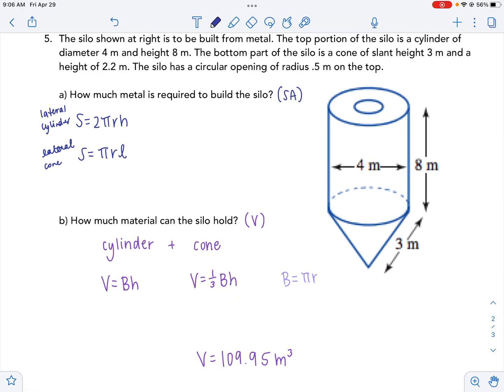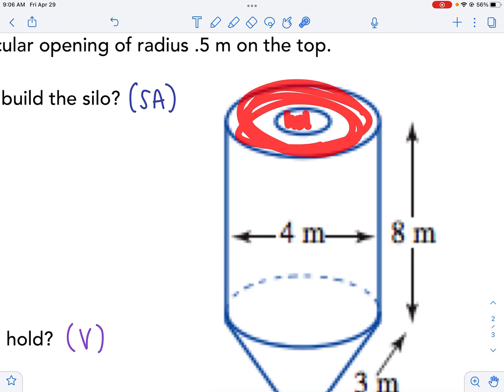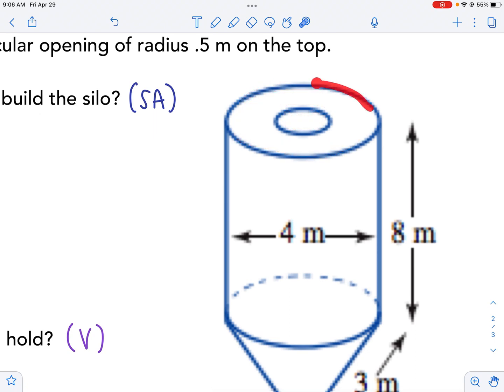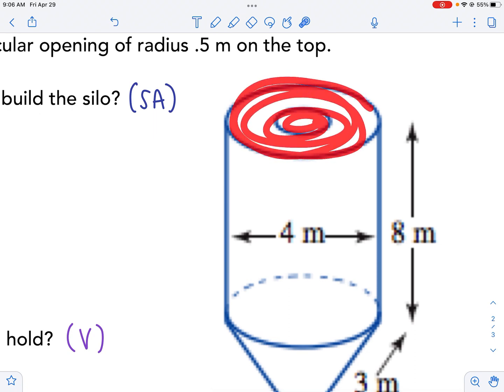So now I have to think through, is there anything that I'm forgetting? So I determined that I needed lateral for the cylinder and that I needed lateral for the cone, but is there any part that I'm forgetting that I need some metal there? Well, I need metal for the top, but I have a hole in it, which means that I need to figure out how much metal would I need for all of it, and then I need to subtract out the hole.